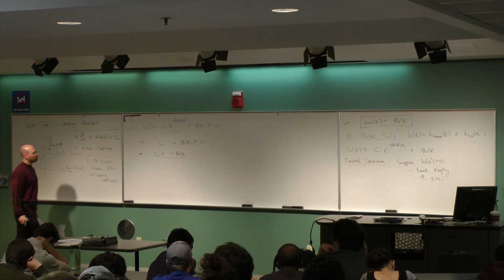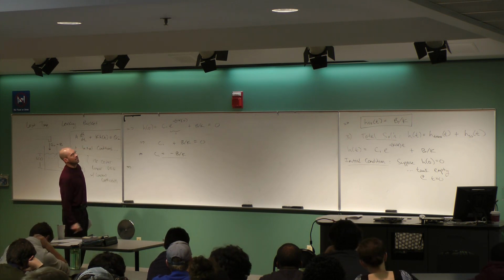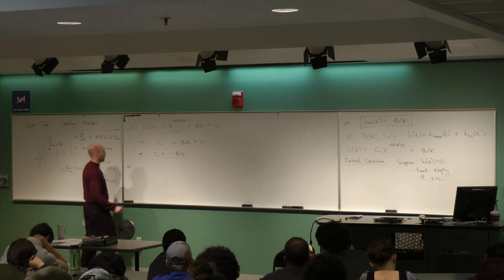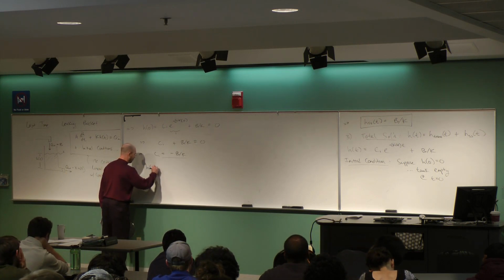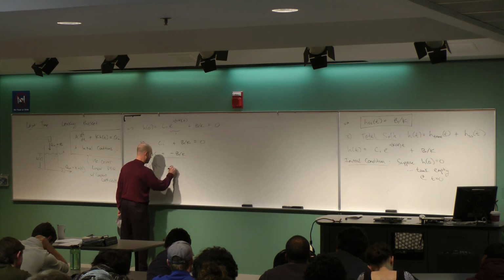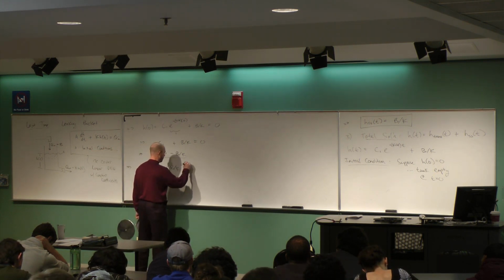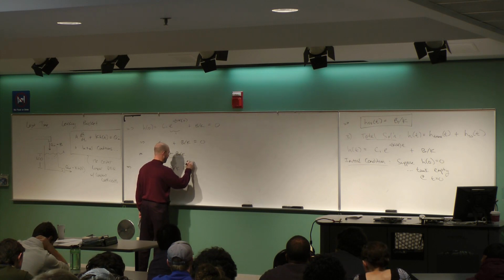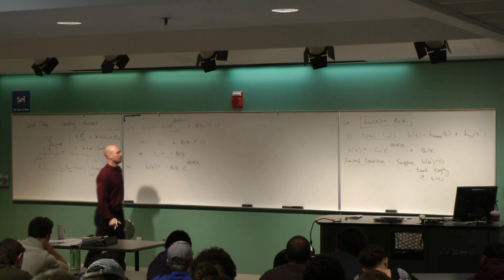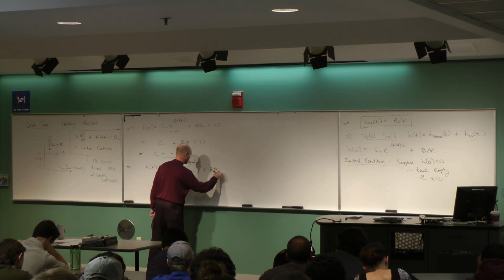So then the total solution is H of T with that plugged in for C1. H of T is equal to negative B over K, that's the C1, times e to the minus K divided by A times time, plus B over K.